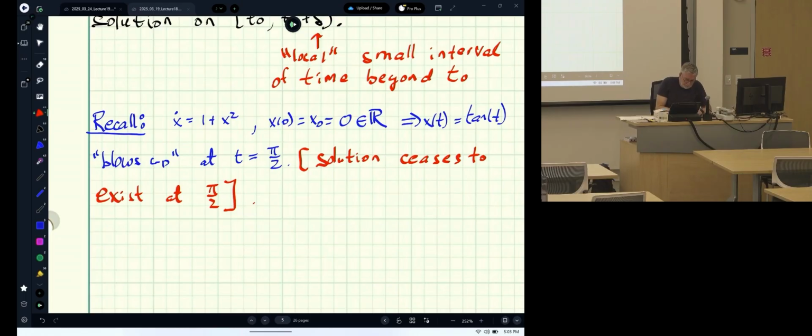So to apply our method, we would have to compute the Jacobian, which is d by dx of 1 plus x squared, and that's just 2x. So it's perfectly continuous.